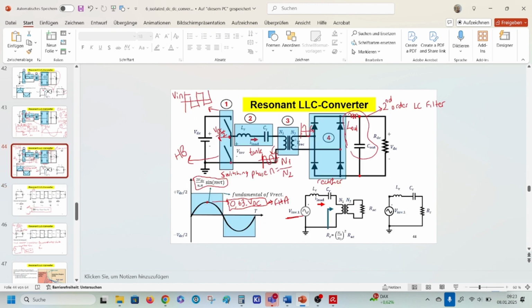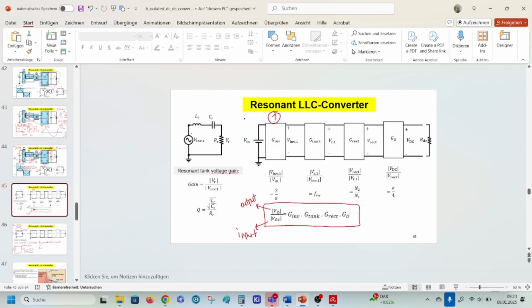Stage 1 was our switching phase. This is phase 1. It's just the output voltage of the first harmonic approximation to our DC voltage, 2 over pi. Where does it come from? 2 over pi.